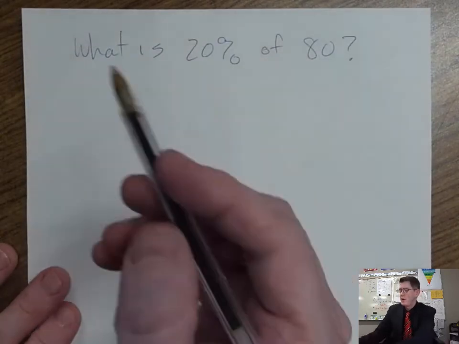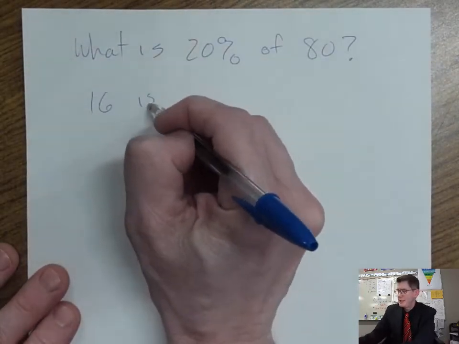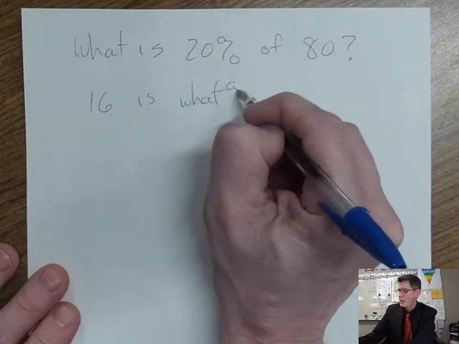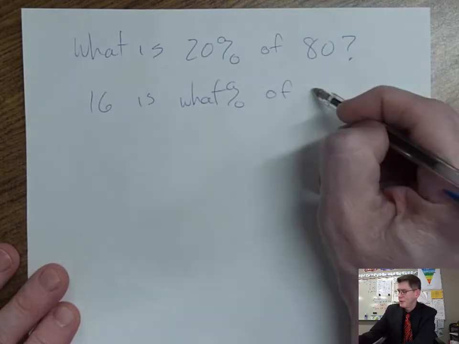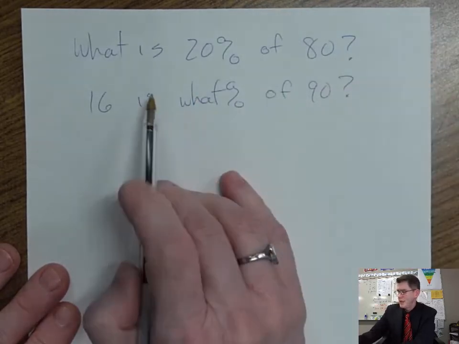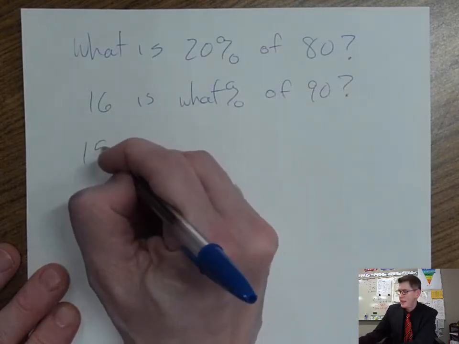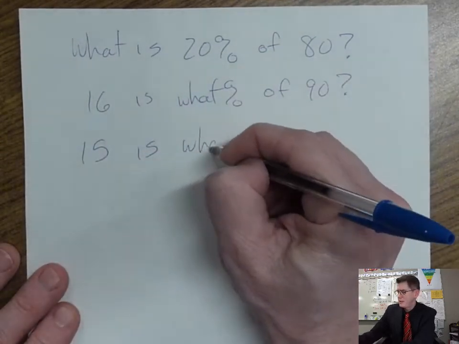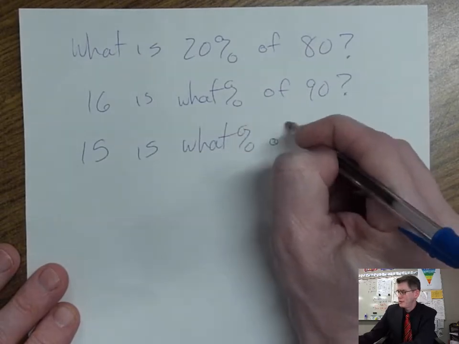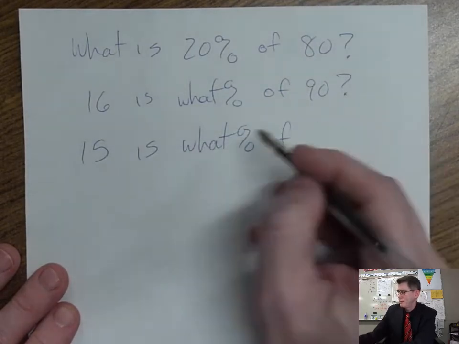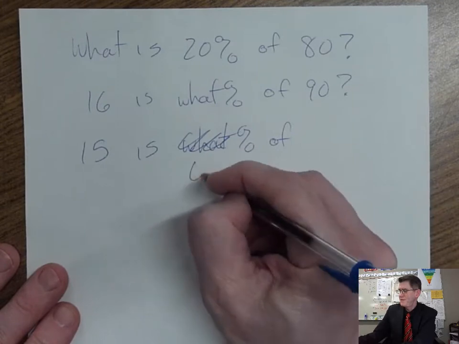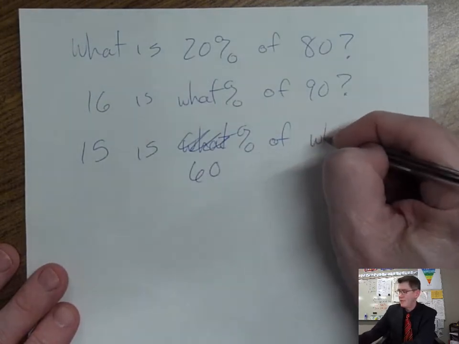Or it might be, 16 is what percent of 90? You can see how this what is in a different place. Or 15 is what percent? Nope, you've already got a what percent. 15 is 60% of what number?